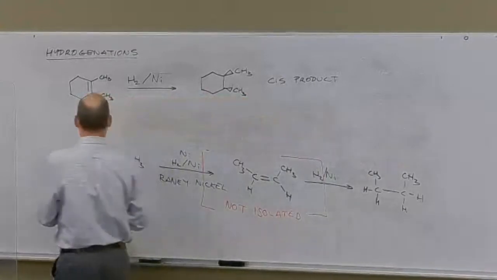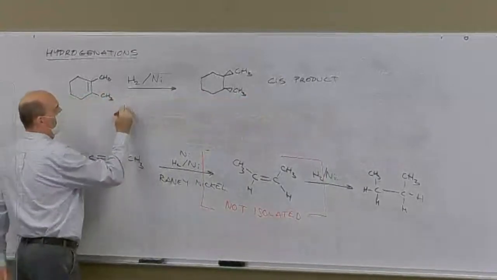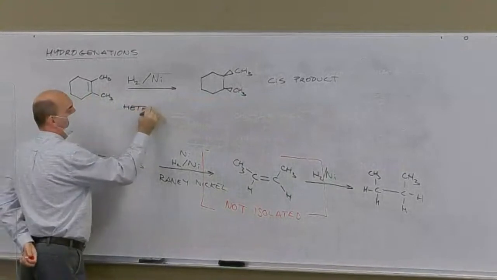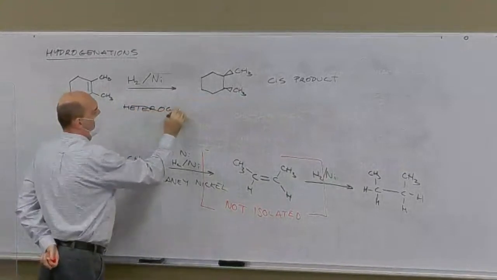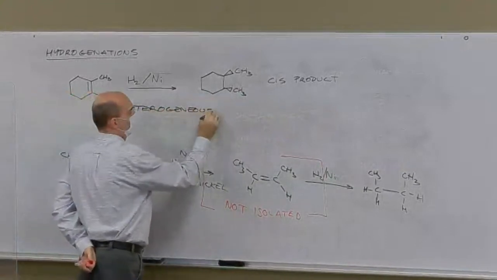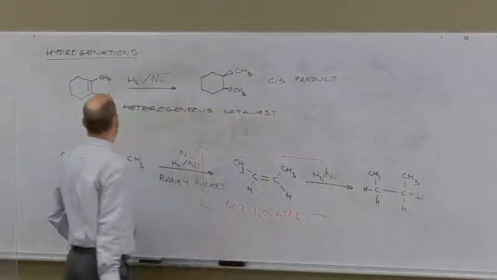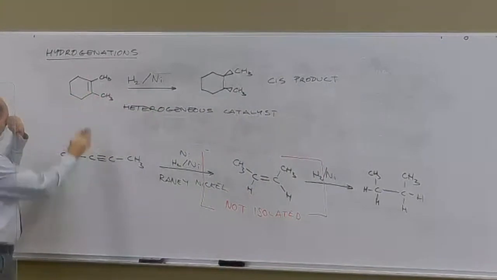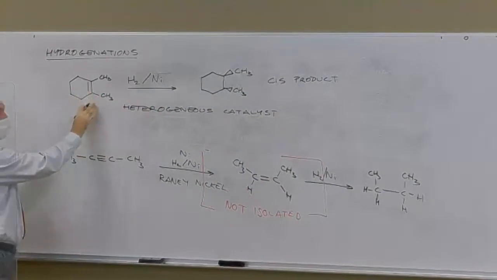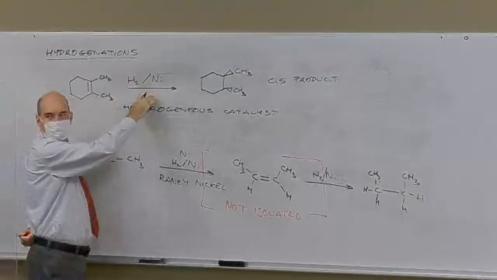So this metal surface is what we would call a heterogeneous catalyst. It's a heterogeneous catalyst because our product might be in the liquid form, it might be in the gas form, but this is a solid.